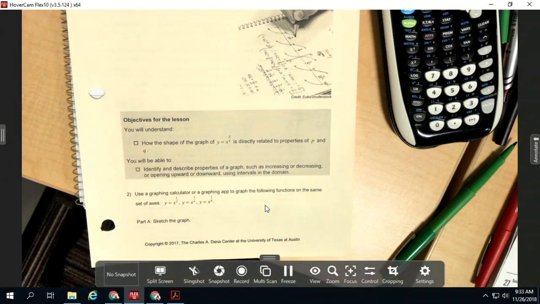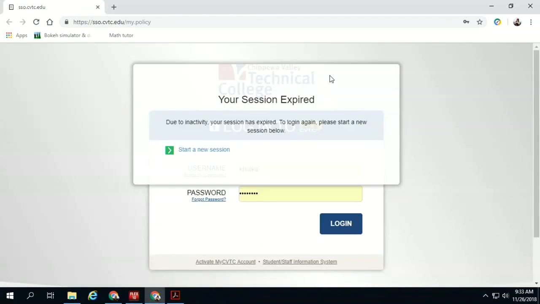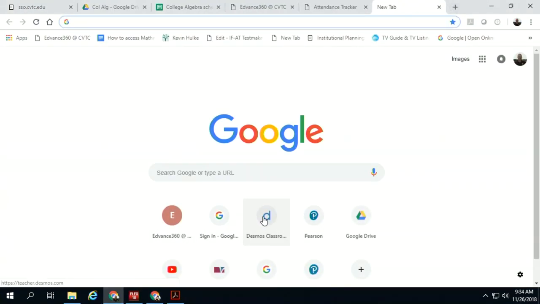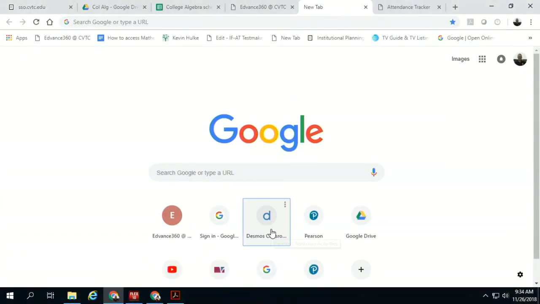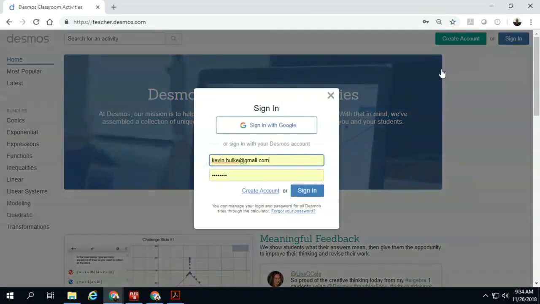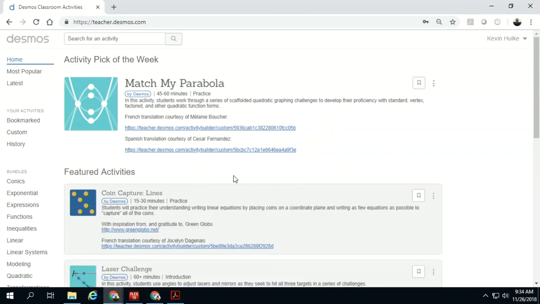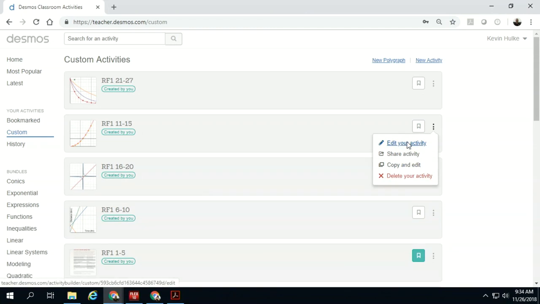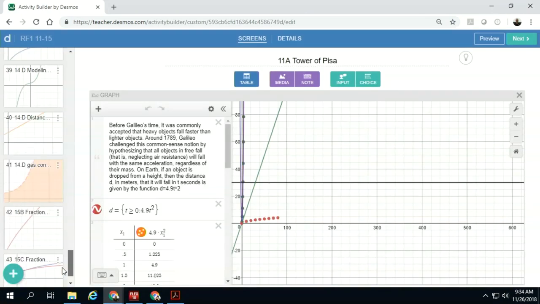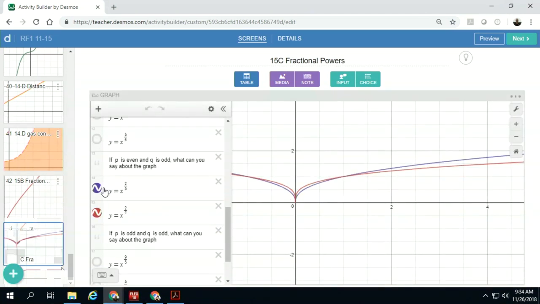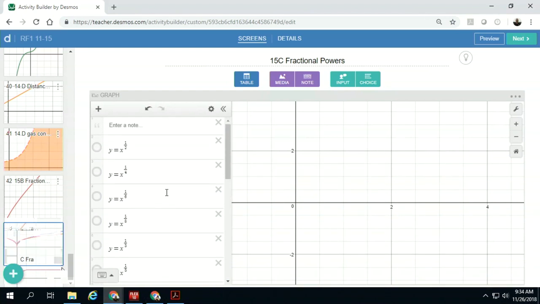Use your graphing calculator or graphing app for the following functions on the same set of axes. So let's go to Desmos. Okay, so it says graph.